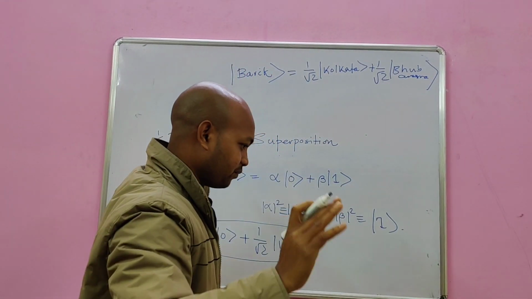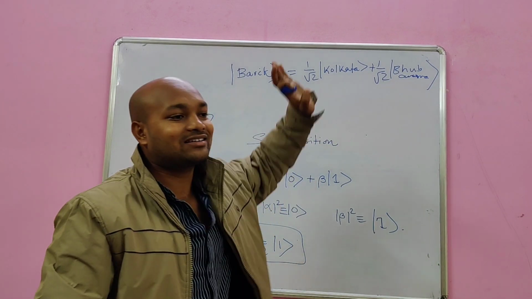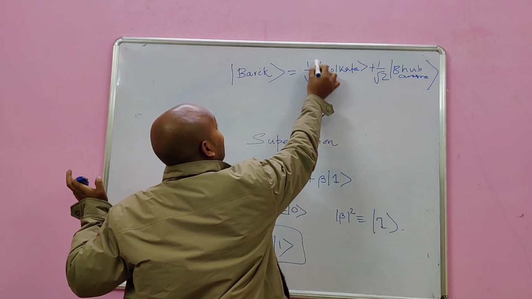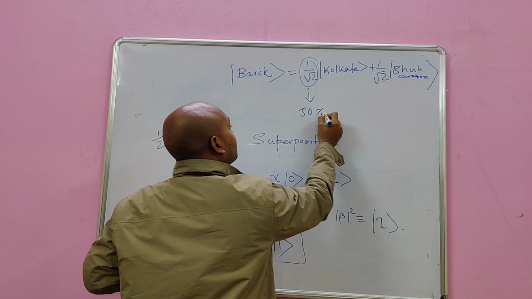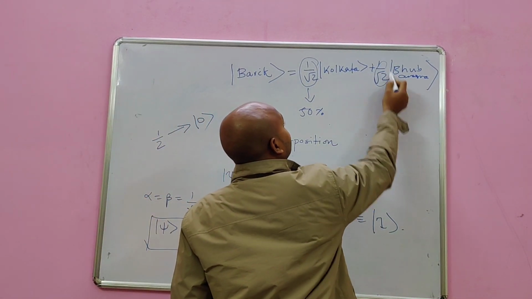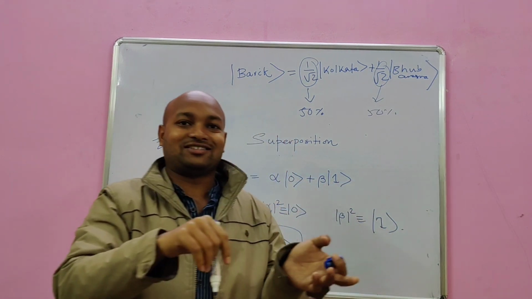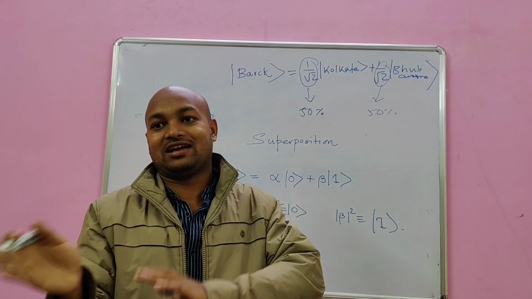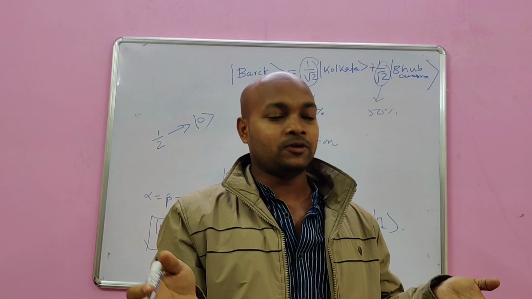It just says if you see me 1000 times or 1 lakh times or any big number of times, then most likely half of the times you would see me at Kolkata and half of the time you would see me at Bhubaneswar. So it's not that I am at both the places at the same time. It is rather I am at one of the places at any one time. So that is the meaning of superposition.